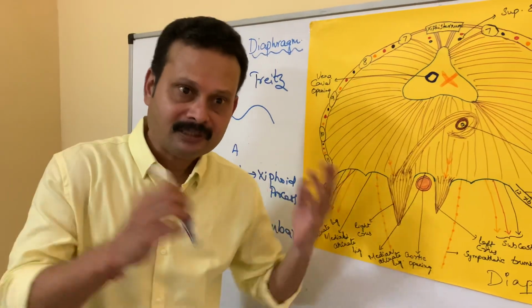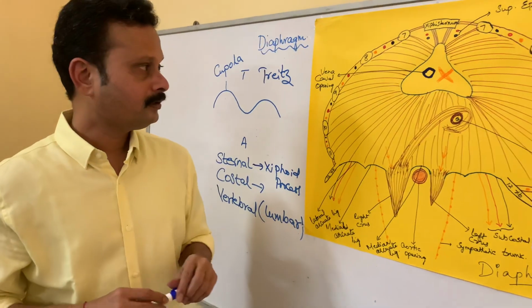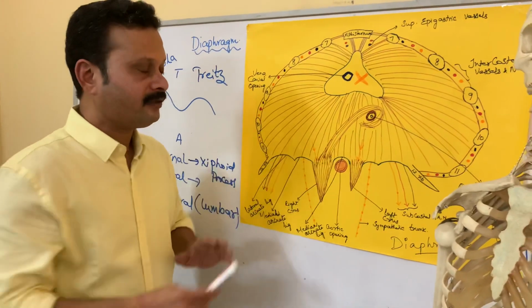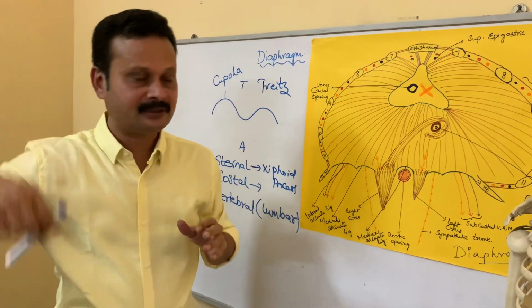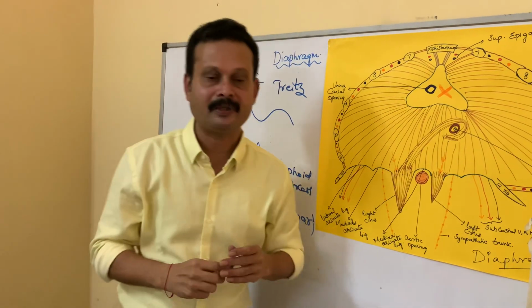Now coming to its motor nerve supply. The diaphragm is pierced by the corresponding phrenic nerves. The right phrenic nerve pierces the right part and the left phrenic nerve pierces the left part of the diaphragm.